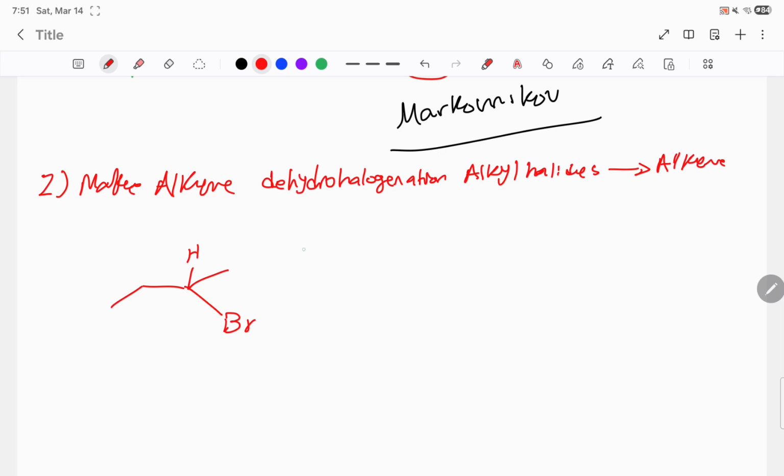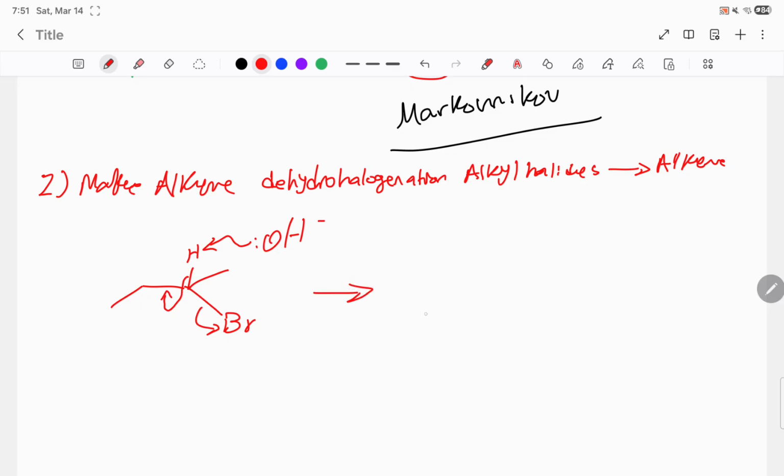This reaction is done with some strong base like potassium hydroxide. In this case, we're just going to show the OH minus that will come here. It will take this proton, and the bonds will flow. The electrons from this bond will flow in here to form the alkene, and at the same time, this bond will break.